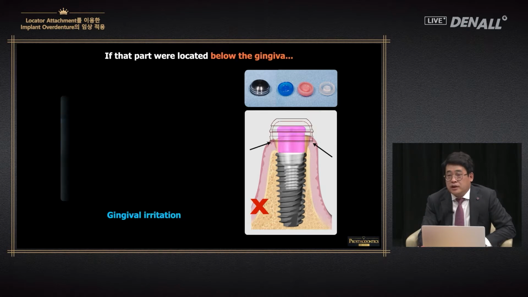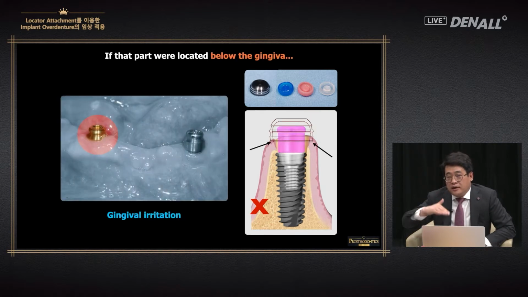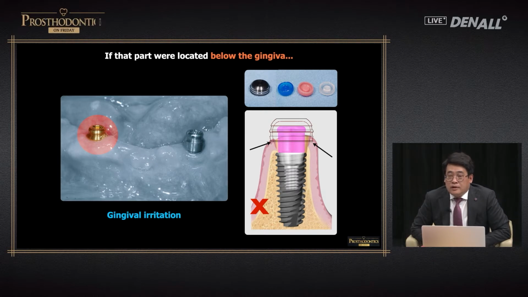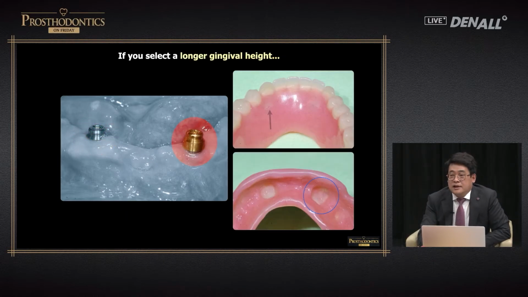If it is too deep, it is rickety and the patients experience pain. And if you make the GH too long, then it interferes with the denture base resin and the space for artificial teeth, and at times perforation occurs like this. Therefore, appropriate GH should be chosen in line with implant placement depth and the gingival thickness.